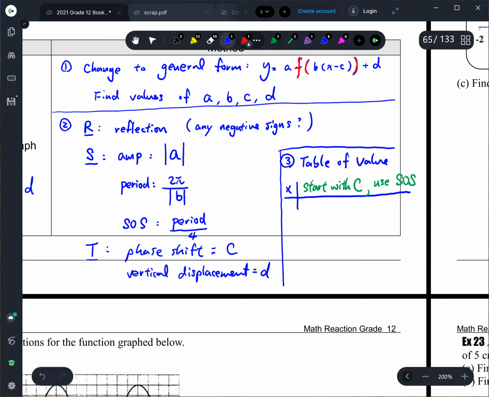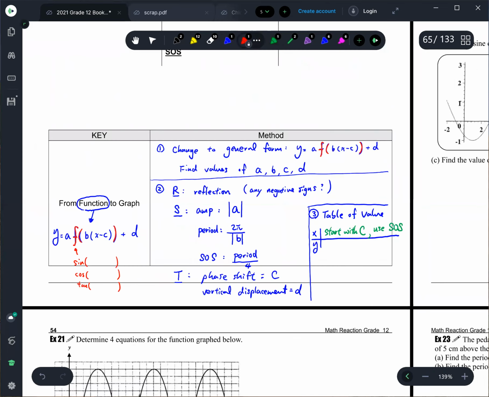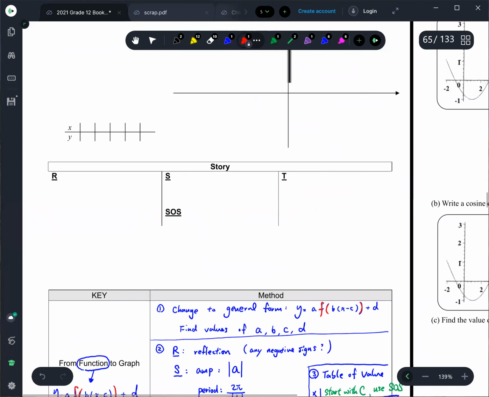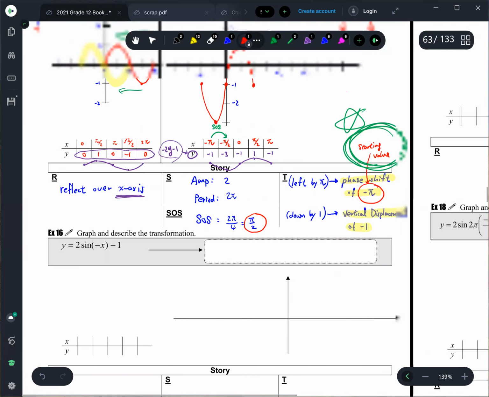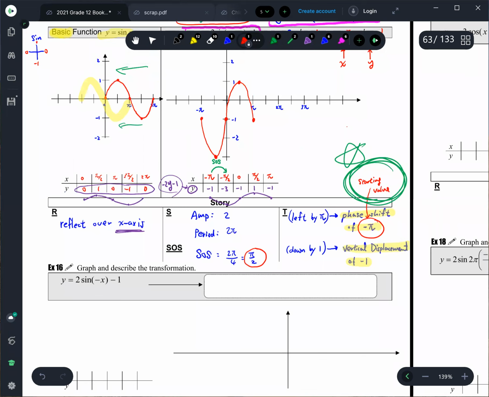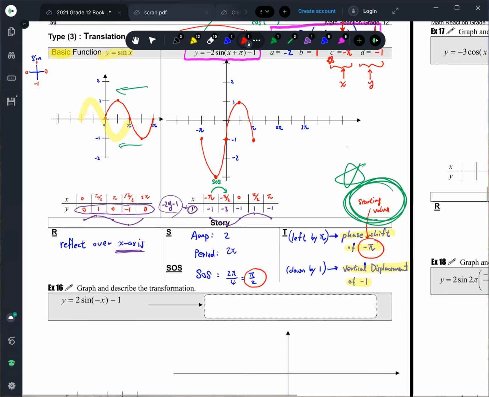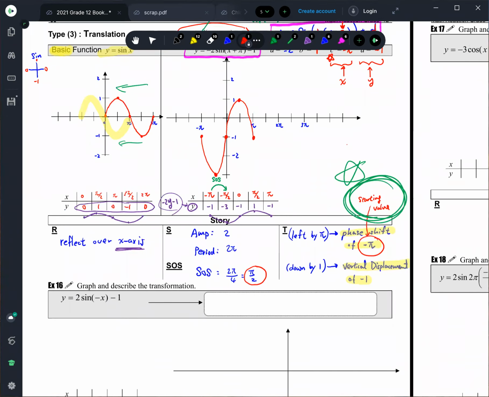Okay, now for the Y values. Last week, the Y values we just multiplied by A. Okay, what about today? What do we do? Wayland?